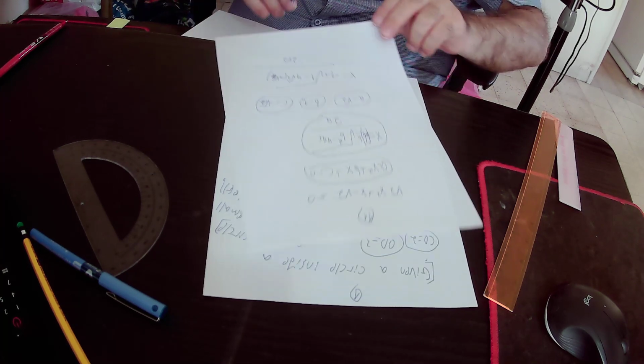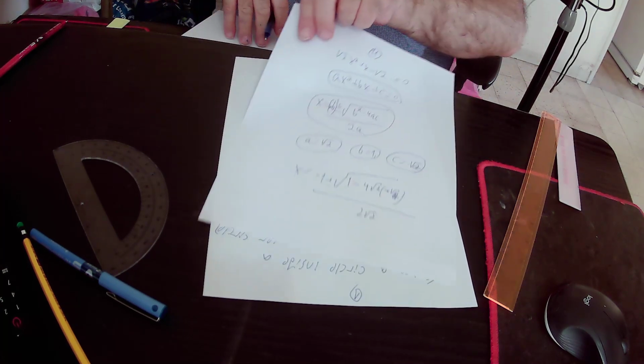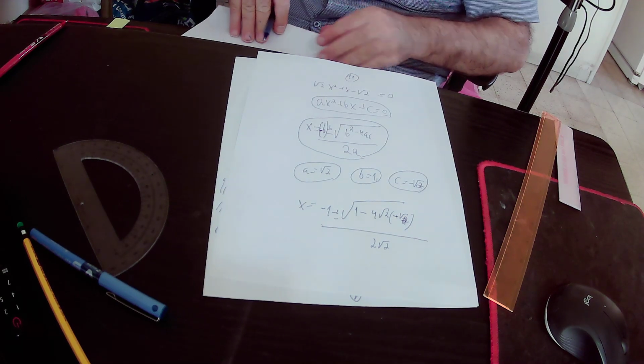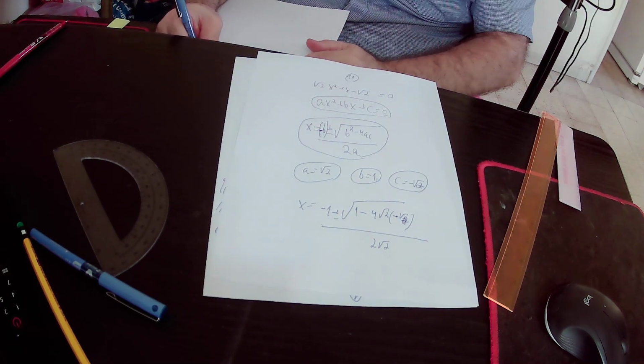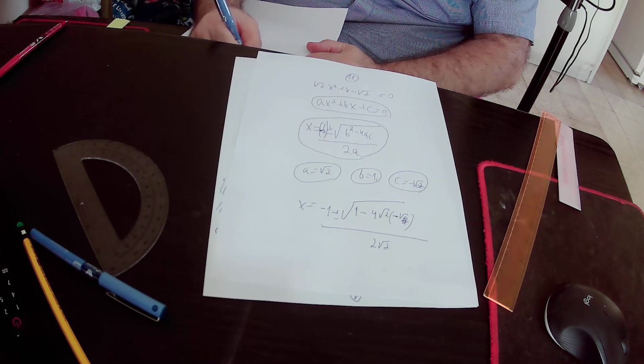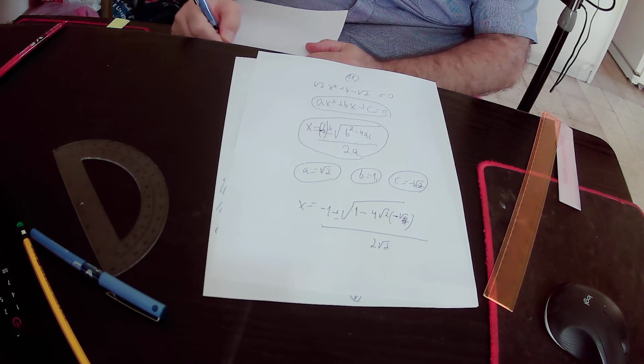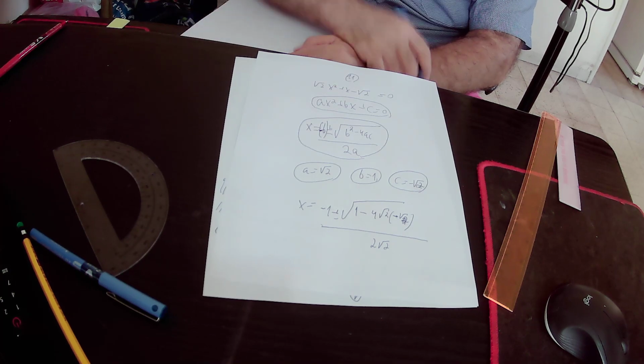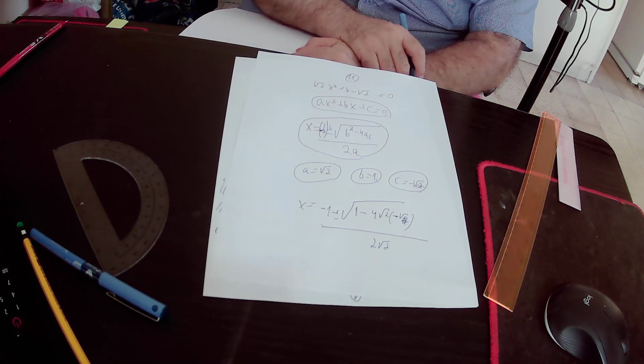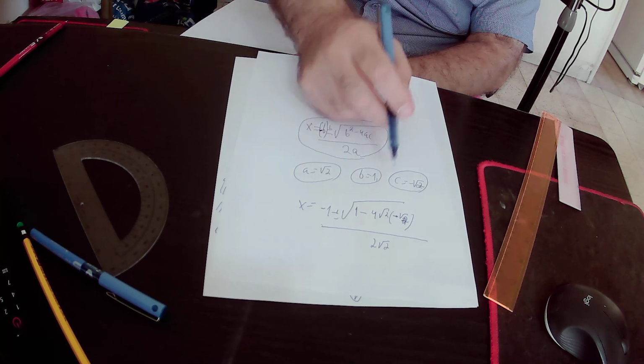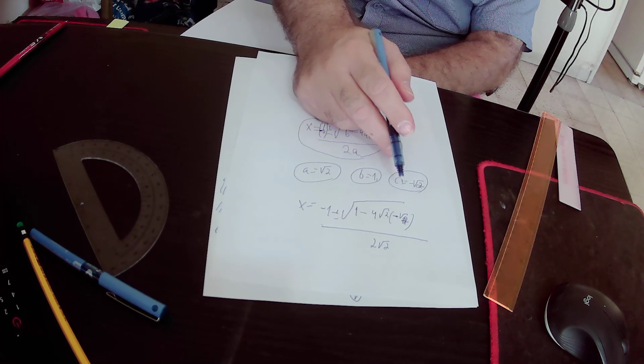So here we got that x equals minus 1 plus minus. In the root we have 1 minus 4 times root 2 times minus root 2.